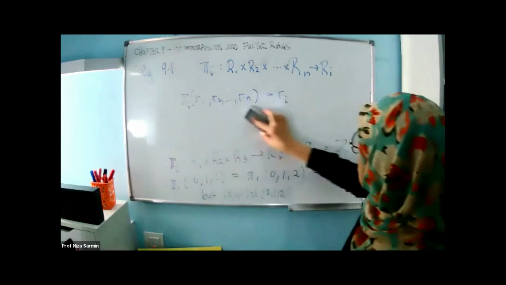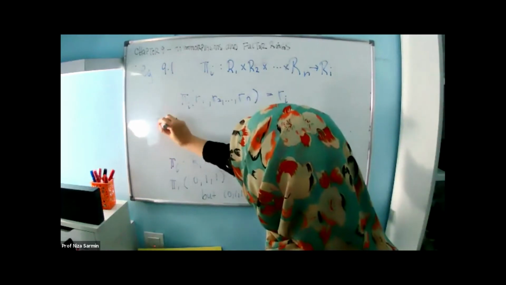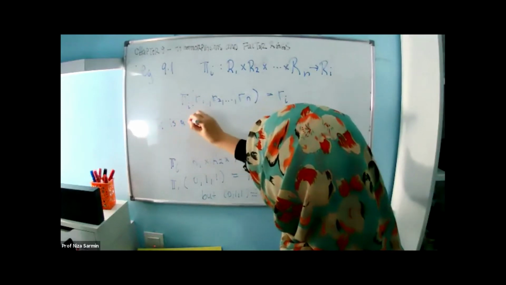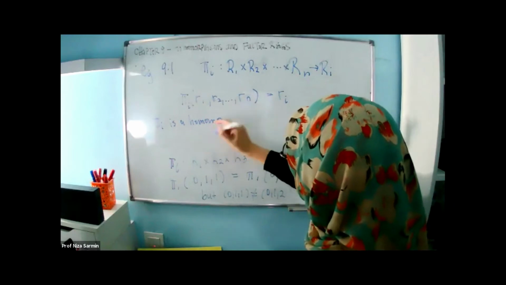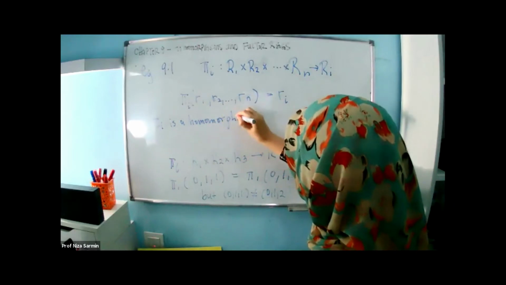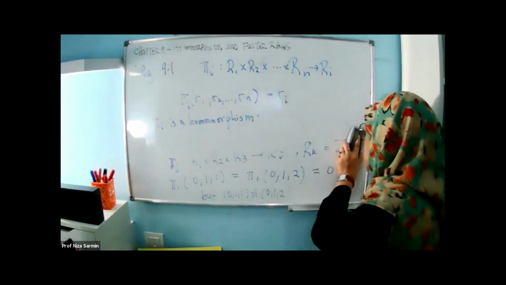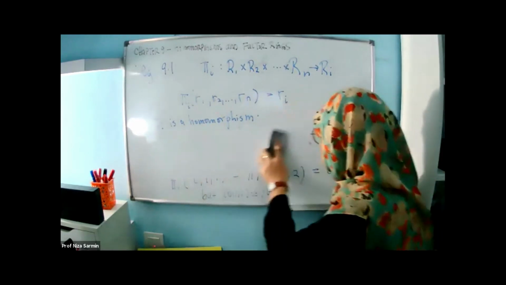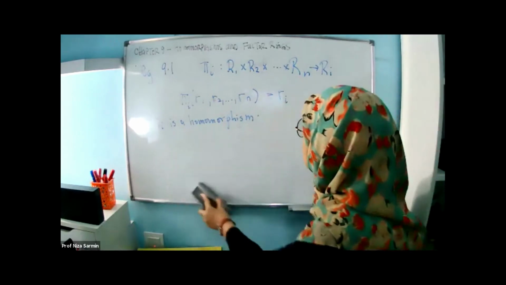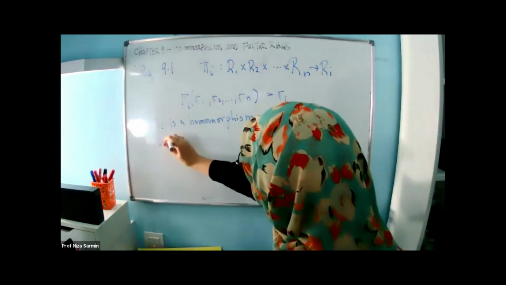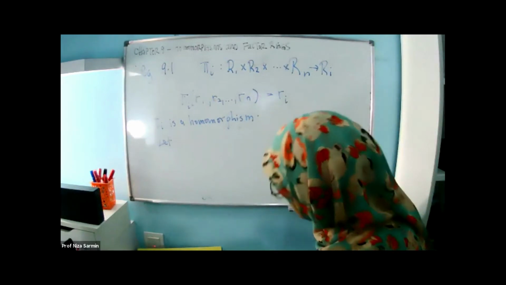So phi I is a homomorphism. Just now I used A, right?